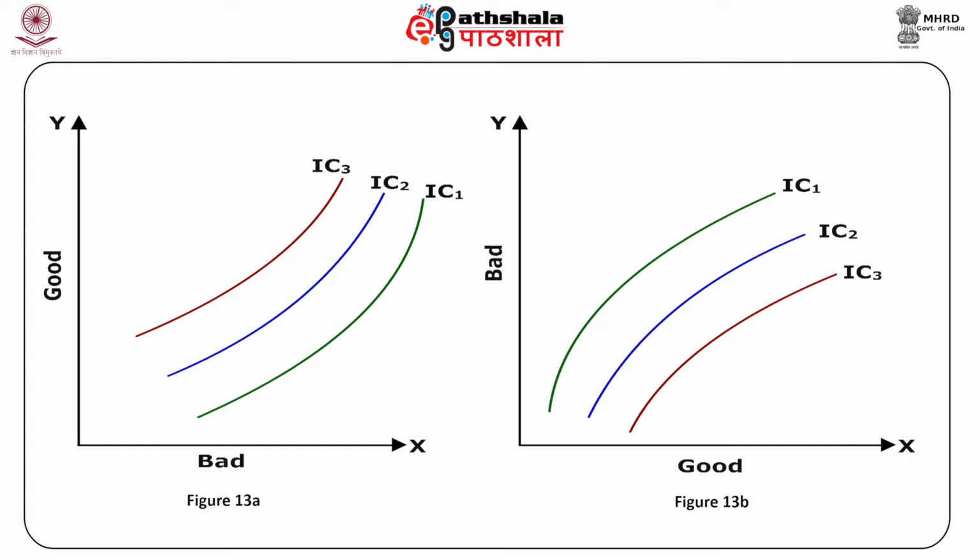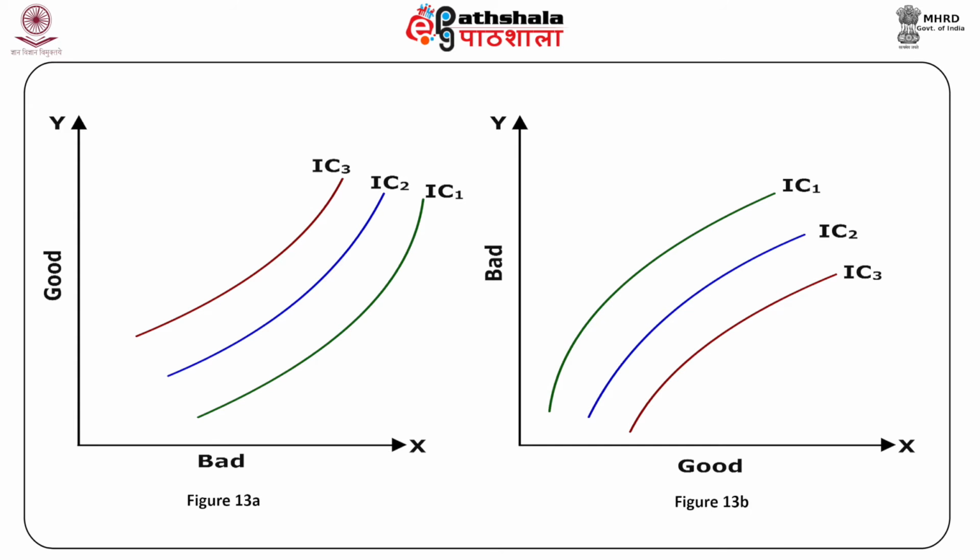Such bads, for example pollution, are undesirable and provide disutility to the consumer. Therefore, the indifference curve in this case assumes a different shape. Suppose a bad is represented on the X axis and a good is represented on the Y axis, then the indifference curve will be positively sloped, as shown in figure 13a.